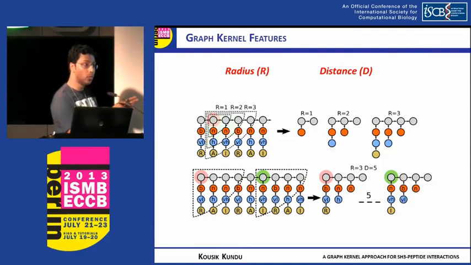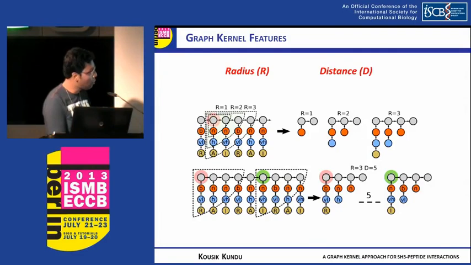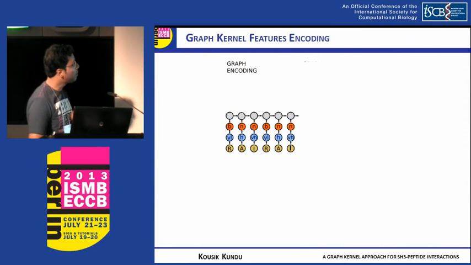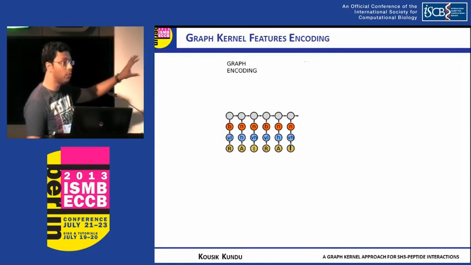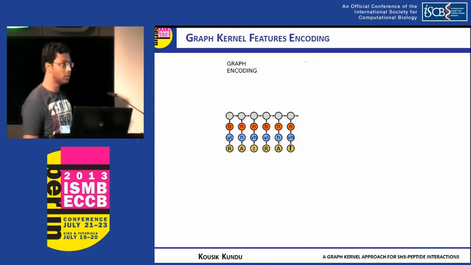Now we combine these two graphs and consider them as a feature. That means using this, we are allowing the dependency among the amino acid positions. So here, for the graph encoding, given a graph, we decompose it into graph features.